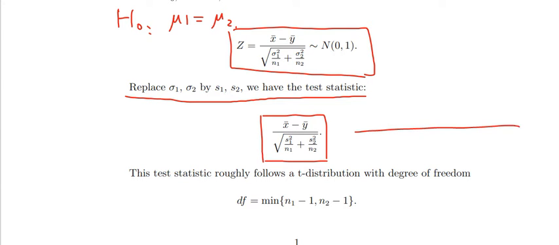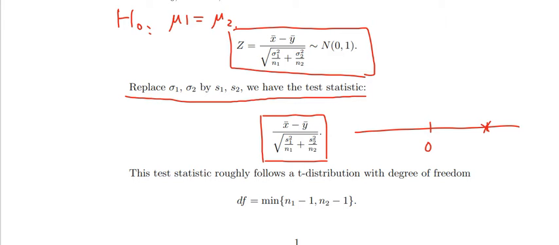The question is, we want to determine the cutoff point: is this number a big number or a small number? We need to know the distribution, like which table we should check.